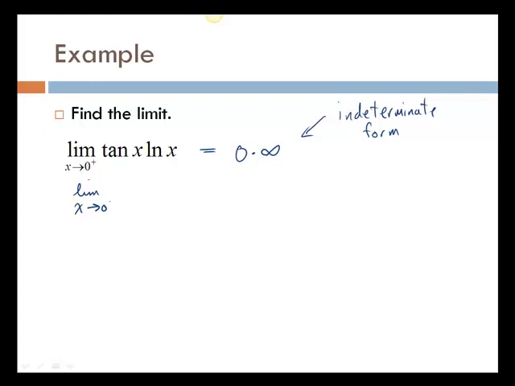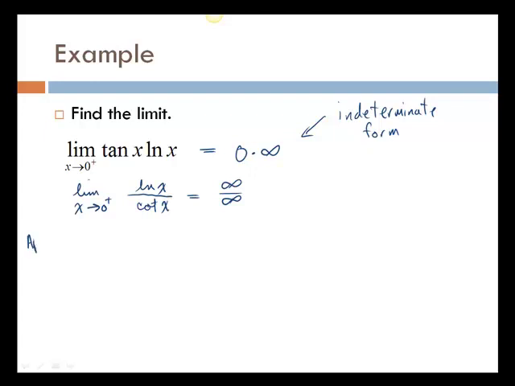We've got a trig function, right? I'm going to write this tangent of x as 1 over cotangent. And that means you can rewrite this as the natural log of x over cotangent of x. So this is in the form infinity over infinity. And now we can apply L'Hopital's.